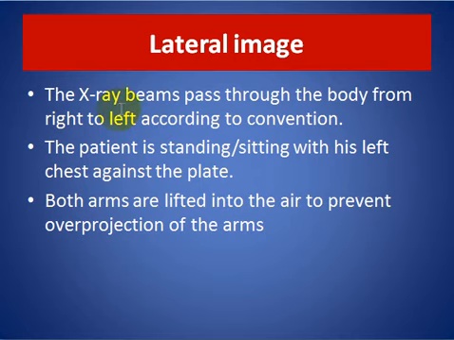Lateral view: the X-ray beam passes through the body from right to left according to the convention, and the patient is either standing or sitting with his left chest against the plate. Both arms are lifted into the air to prevent overprojection of the arms.